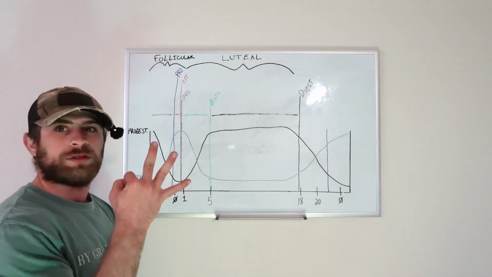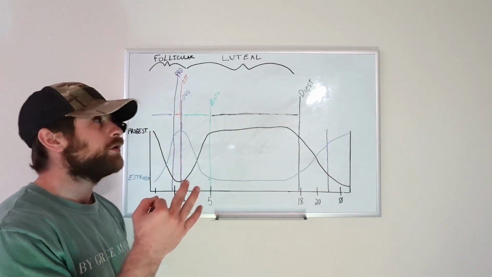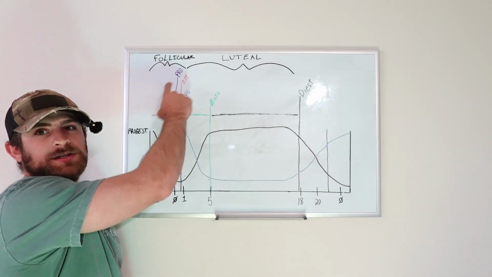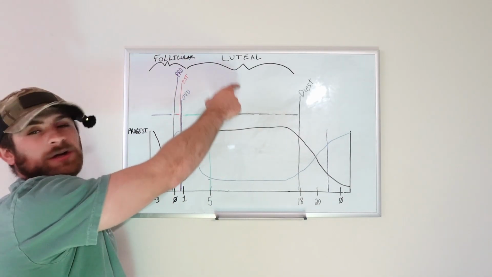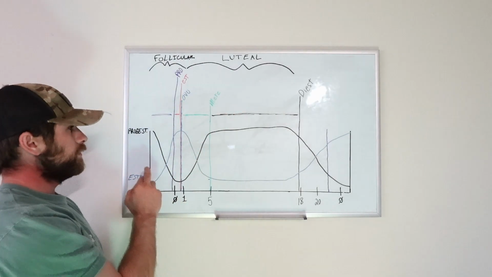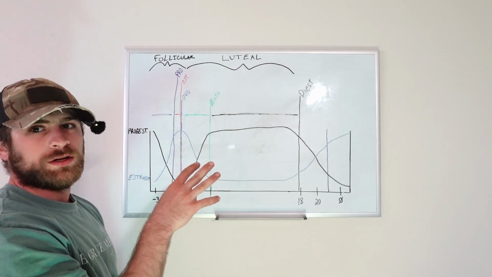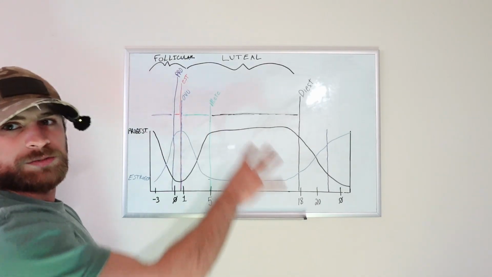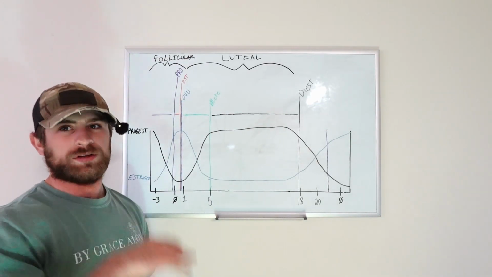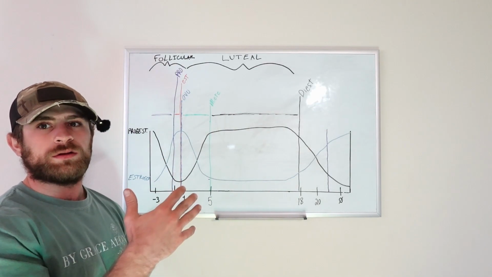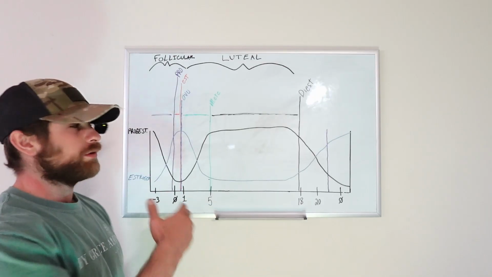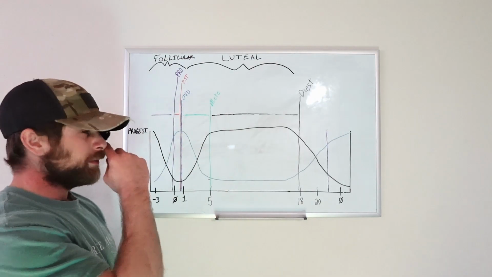So we're gonna talk about three different things. One's going to be the phases, which I have up here. We have the follicular and luteal phase. We have the hormones that are generally associated with this specific diagram. I'm not gonna get into the specifics, just what they are doing during the different phases.